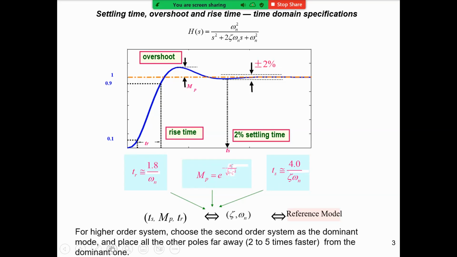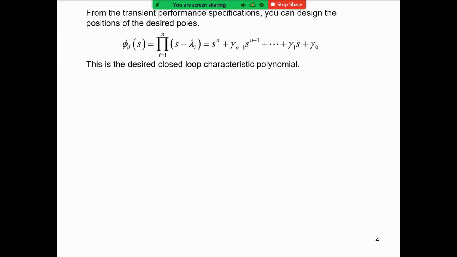And then when you try to fine tune the poles, mainly you need to fine tune the dominant complex pair of poles. Okay. And then after you have decided the desired poles, you get the characteristic polynomial, right?